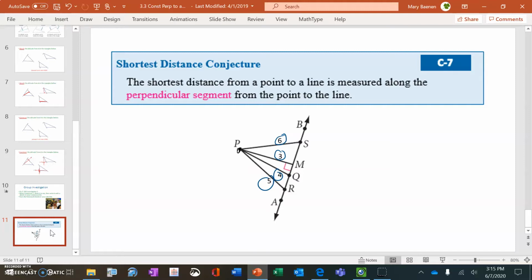The shortest one is actually this one right here that goes from P to M. And what you will notice is that is the perpendicular distance. So the shortest distance from a point to a line is measured along the perpendicular from the point to the line. And that's the end of this presentation, so you could turn this off now.